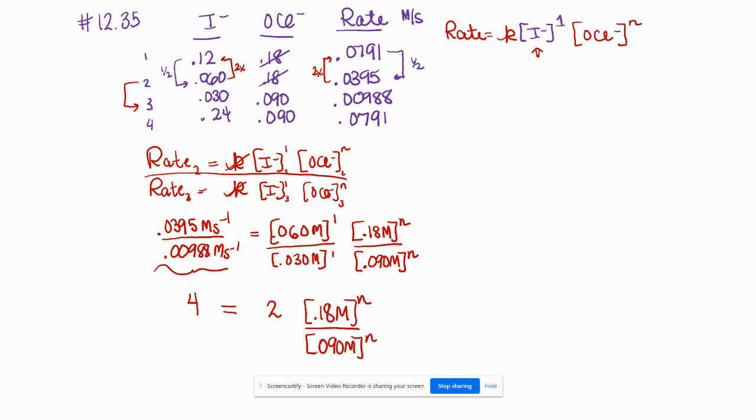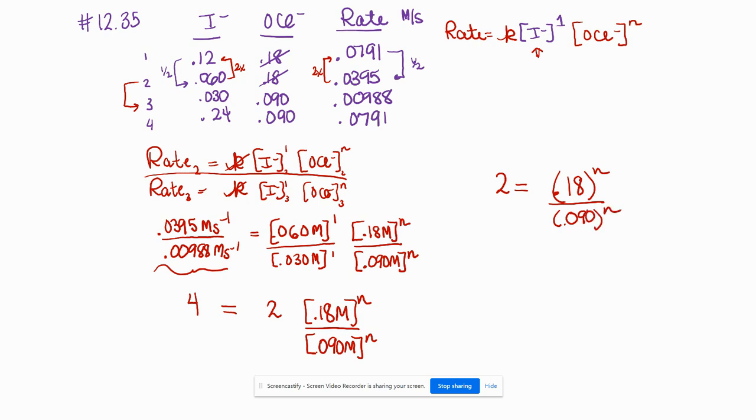So now we're going to try to isolate the n. So I'm going to divide the 4 by 2, correct? So 2 is going to equal 0.18 to the n over 0.090 to the n.